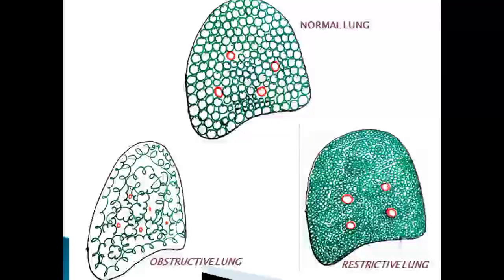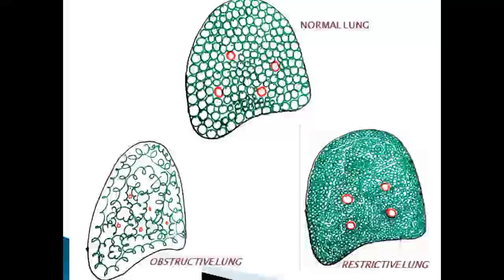Then if we see the compliance, what is compliance? Compliance means the distensibility of the lung to expand. Distensibility of the lung means how much it can expand. So whether obstructive lung can be expanded well or restrictive, obviously obstructive. Since in restrictive the parenchyma is becoming very dense, it cannot be expanded.